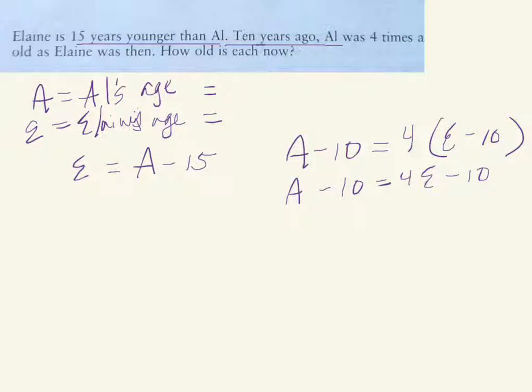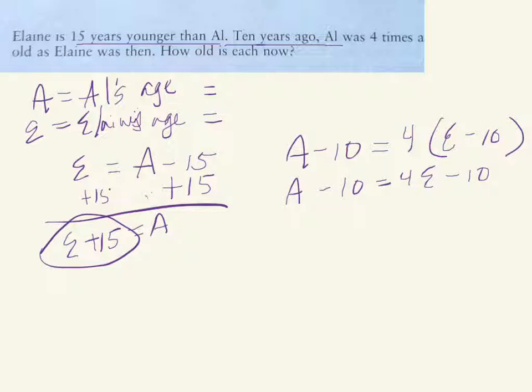Let's solve this one over here on the left for A. Let's add 15 to both sides. So let's say E plus 15 equals A. Then over here we can stick all this in for that.